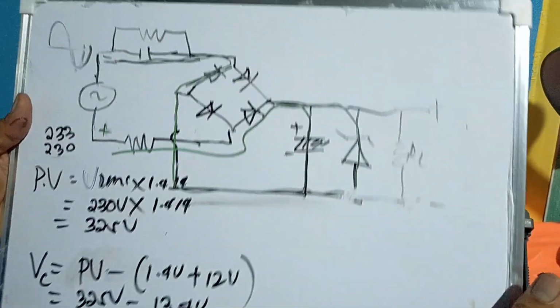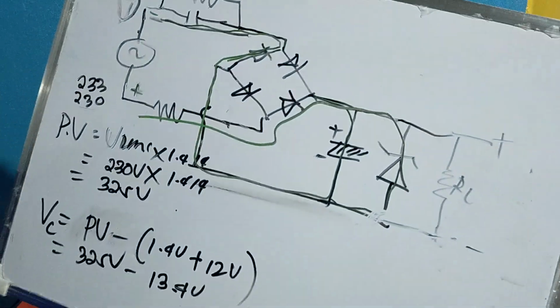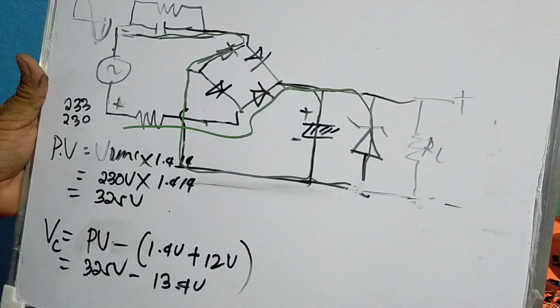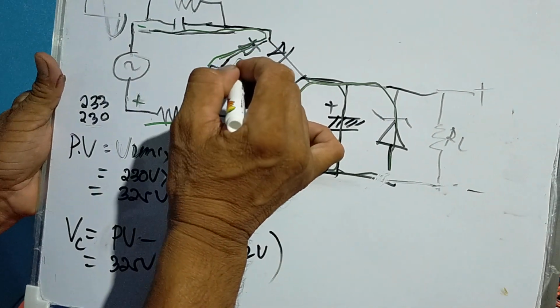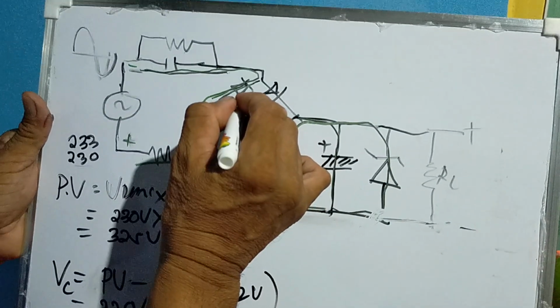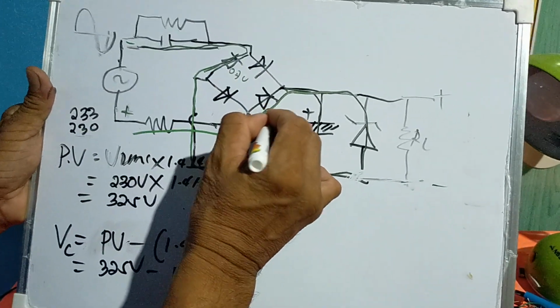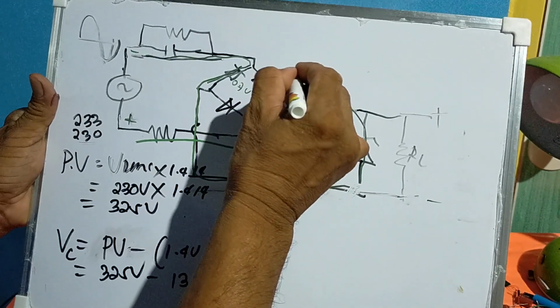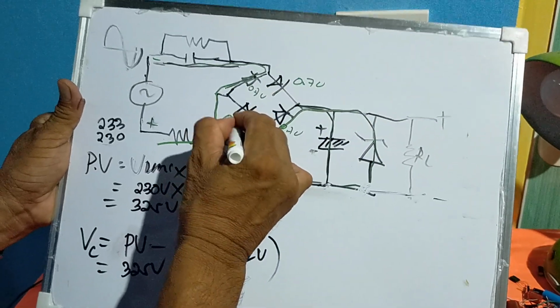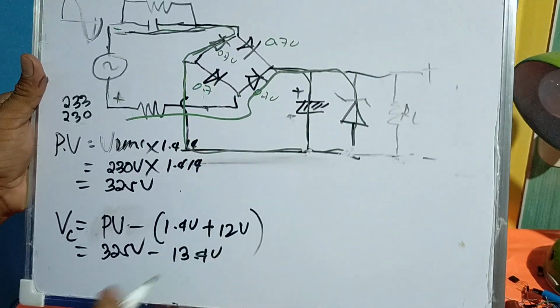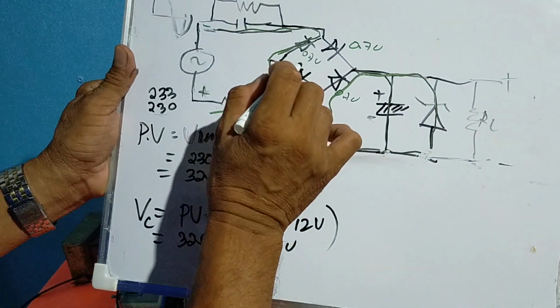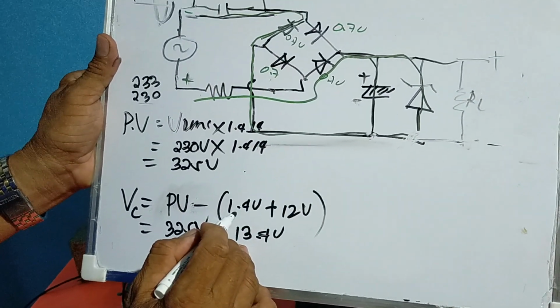So two diodes are conducting simultaneously, or at the same time. Therefore, because of the forward bias voltage of these diodes, each diode will drop 0.7 volts. Two diodes are conducting at the same time. So therefore, 0.7 plus 0.7 is 1.4.